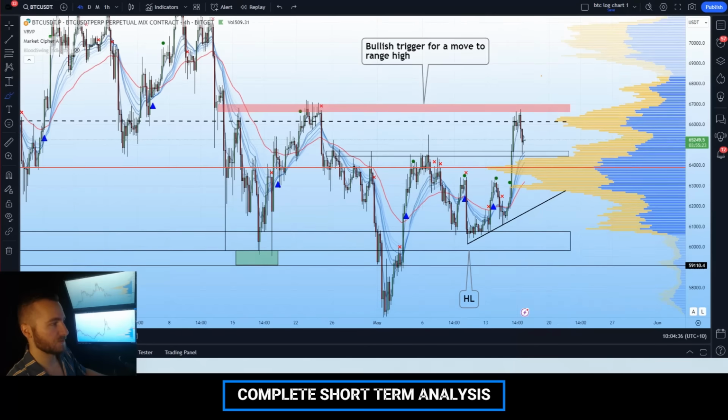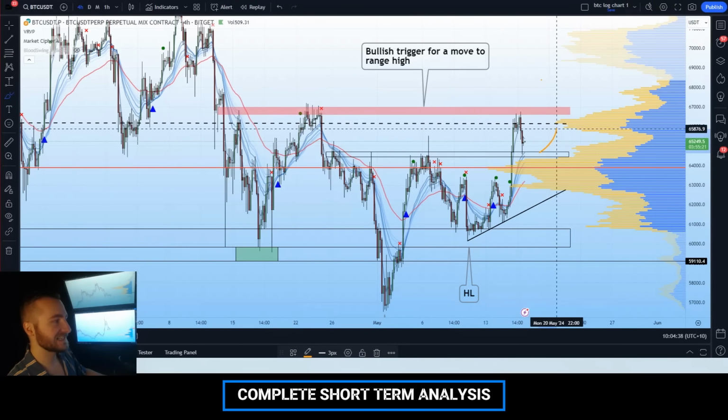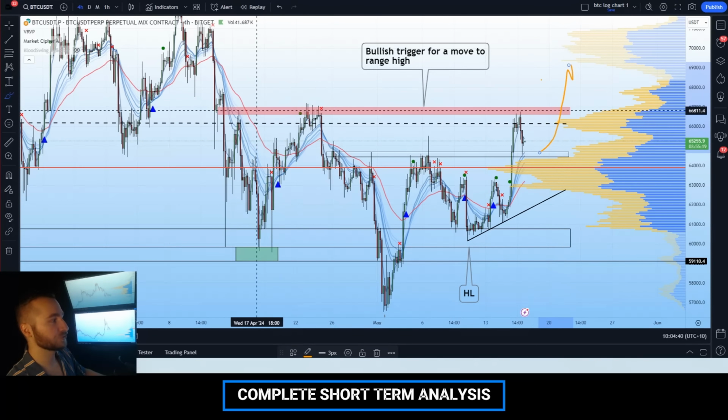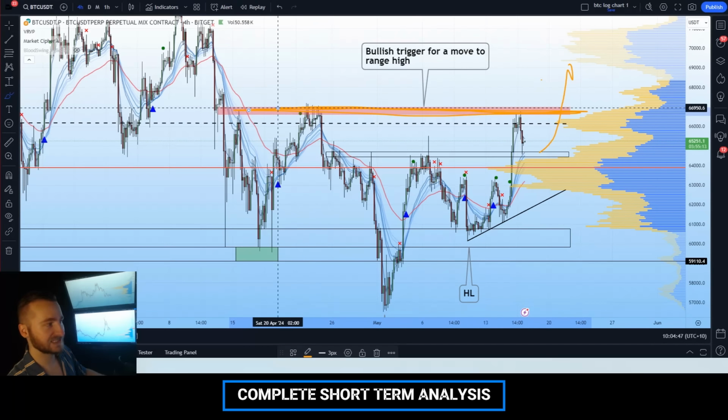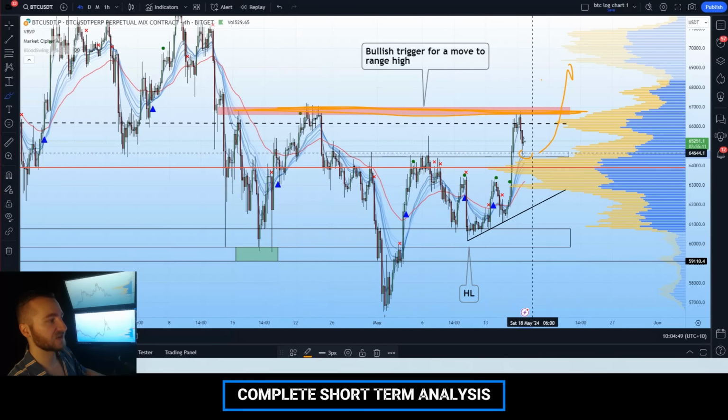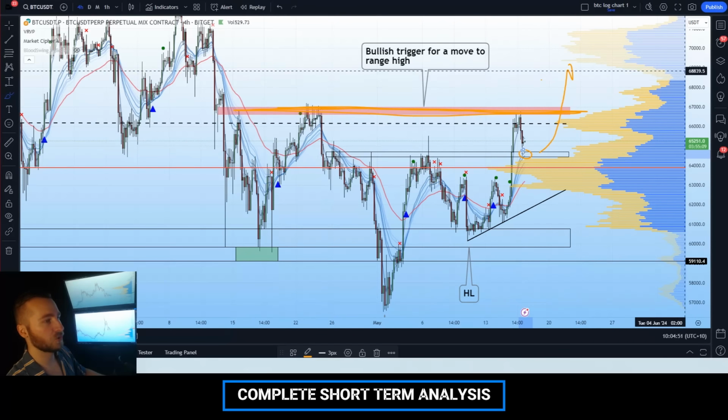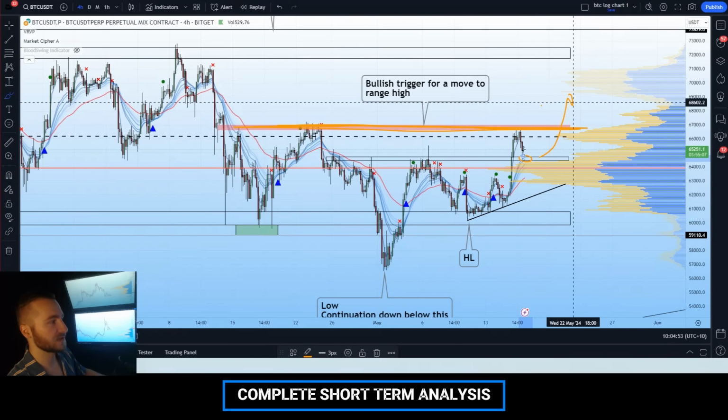On the short term, we are expecting a continuation upwards and through the $67,000 resistance, okay? We are expecting that, provided this support is able to hold. Provided we hold the support, expect a directional continuation upwards.